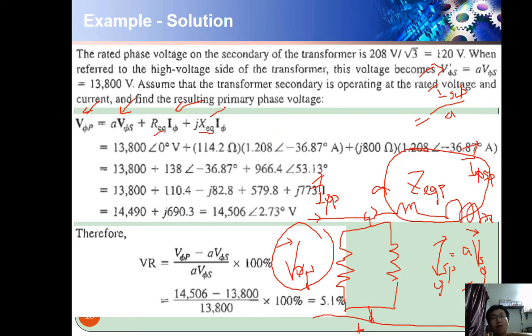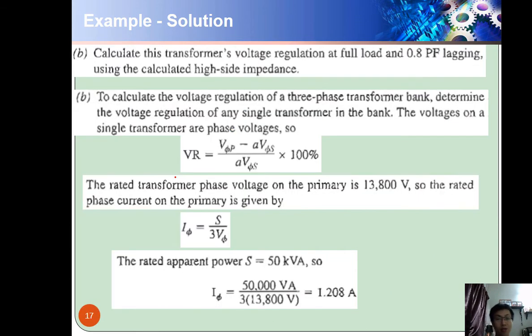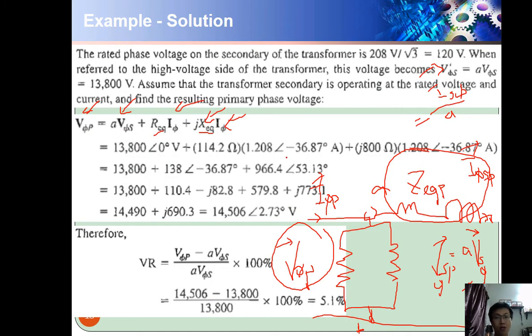So this is already calculated in front, then we need to find I phase. So go back. My I phase, using this equation, I can find in ampere. So I substitute inside, okay, and then anything else?